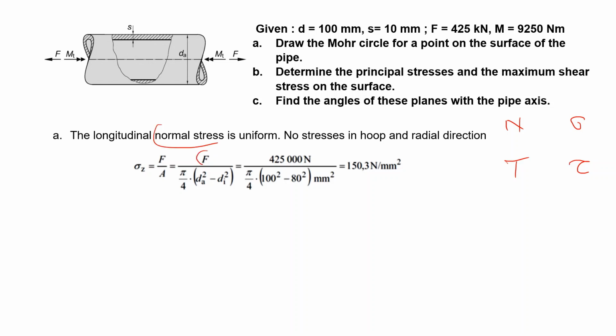Well, this is my actual force, and this is my area of the section. 150.3 is the uniformly distributed normal stress in the pipe.